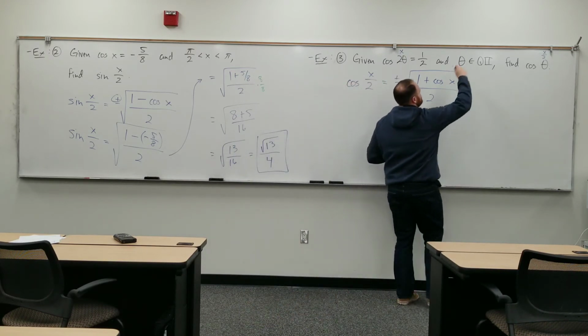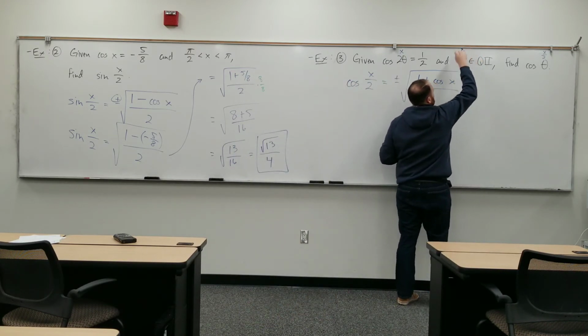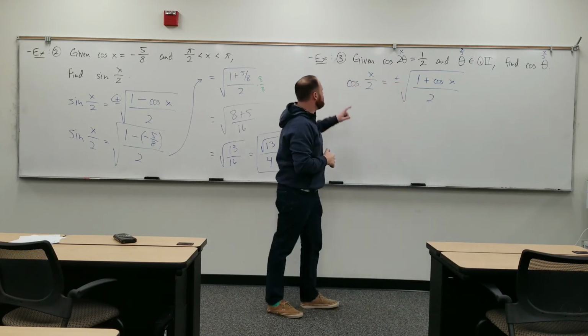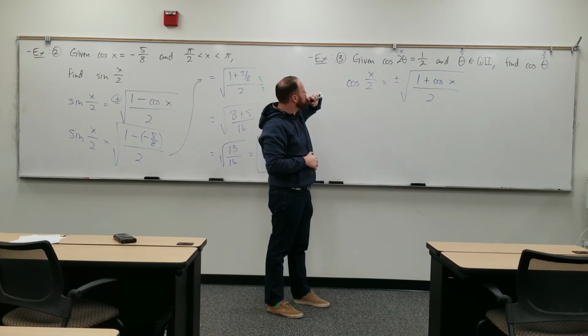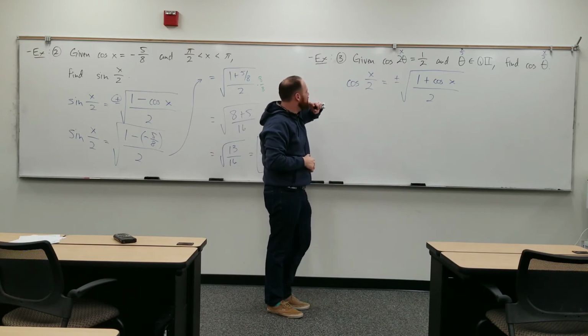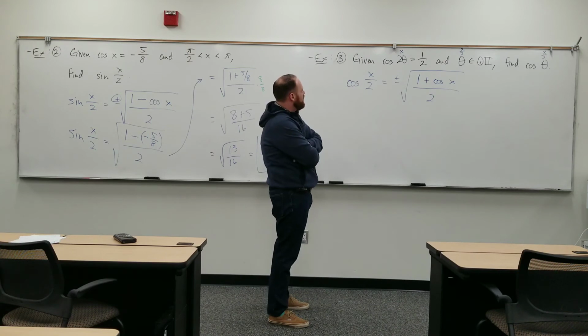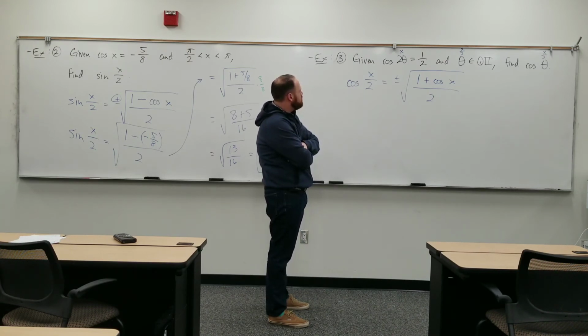Theta is in quadrant 2. That's x over 2, so x over 2 is in quadrant 2. Is that right? That can't be right. Oh no, that's fine.